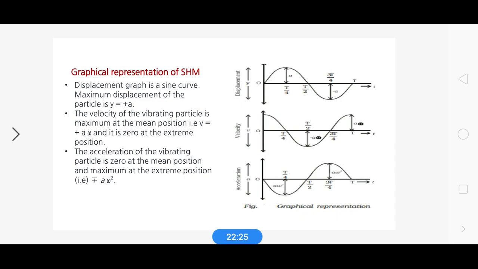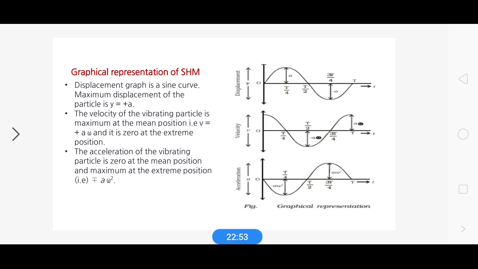And finally the acceleration of the vibrating particle is 0 at the mean position and it is A omega square at the extreme position. So here it is also like a sine curve, but the values of the acceleration are 0, minus A omega square, 0, plus A omega square and 0.